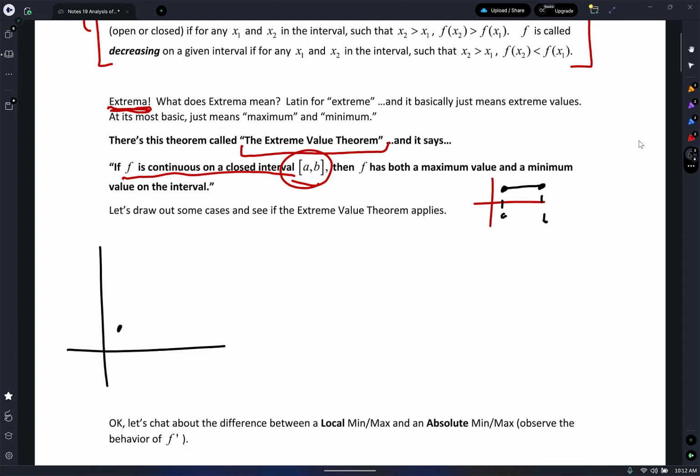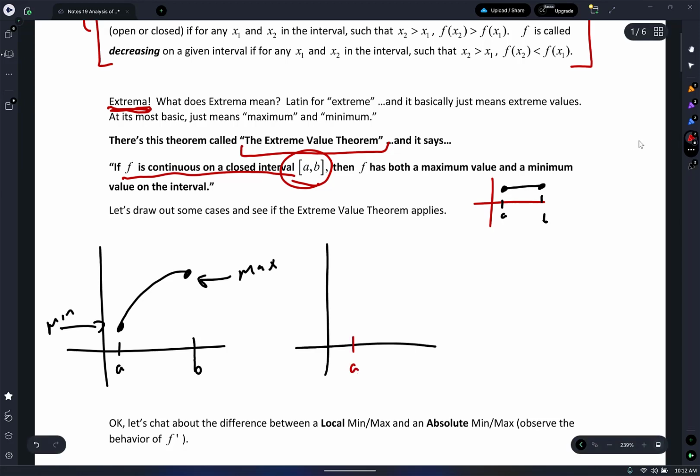So look, closed interval, here's a and here's b. Because I have a closed interval, this point b is a max, this point a is a min. Let's see another situation. I'm going to write a, open interval, b.